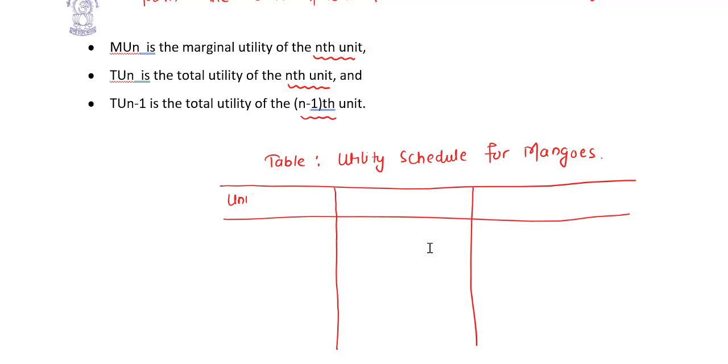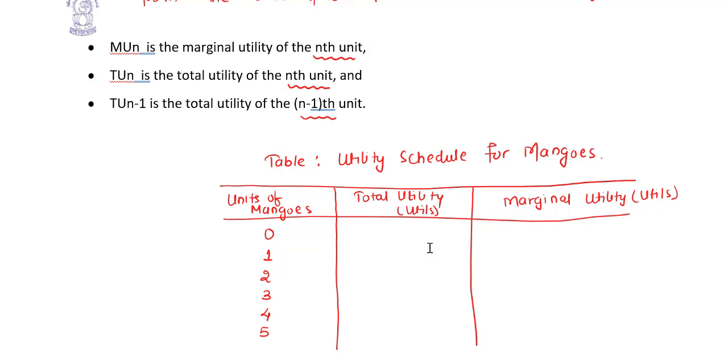In the first column, write units of mangoes. Then we'll measure total utility. Utility is measured in utils, as I had already explained. And then marginal utility, which is also measured in utils. So utils is the unit for measuring utility. Consumption of 0 mango, consumption of 1, 2, 3 mangoes, 4 mangoes, 5 mangoes, 6 mangoes.